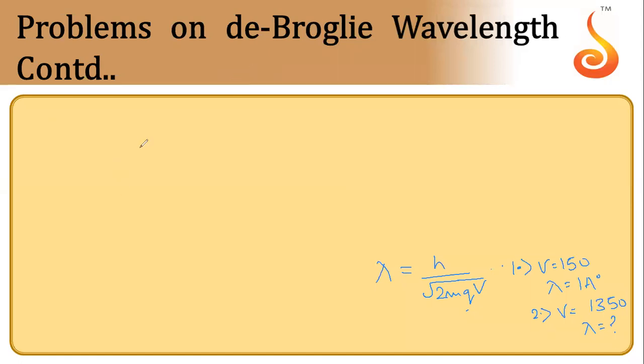So for the first case, wavelength is given as 1 angstrom. That is equal to h by root 2m into charge into potential difference.